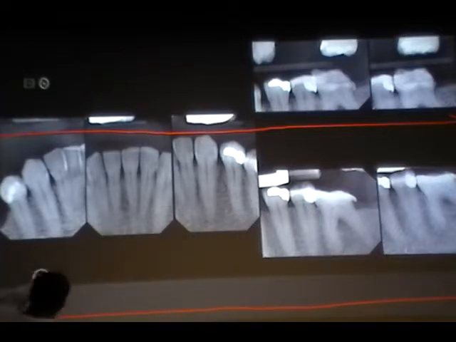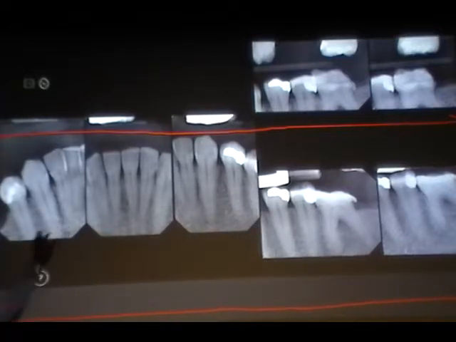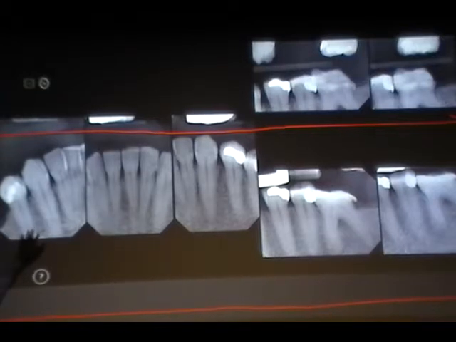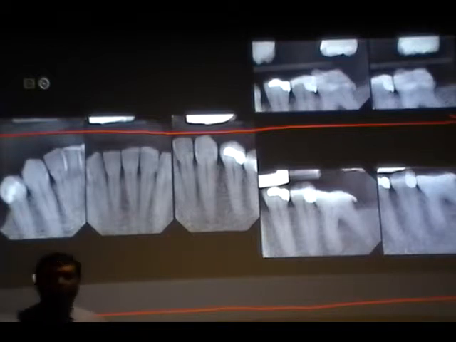Yes, the open contact, definitely I do agree. You need to see the open contact between lateral incisor and canine. You're right, there is definitely open contact.